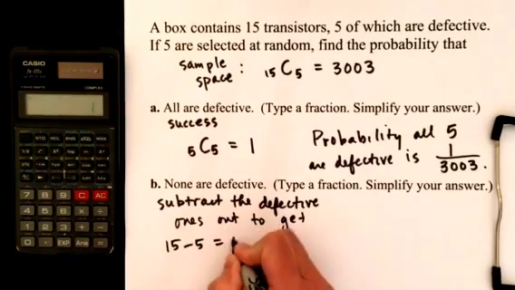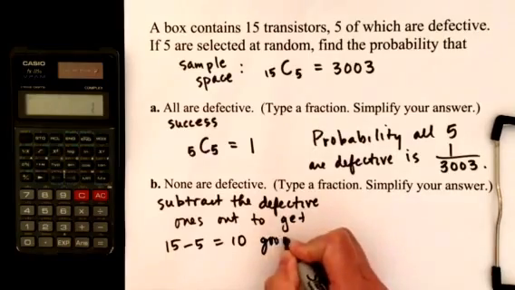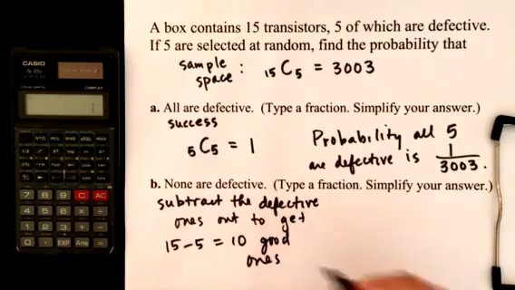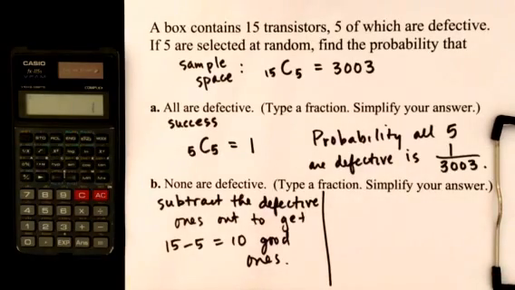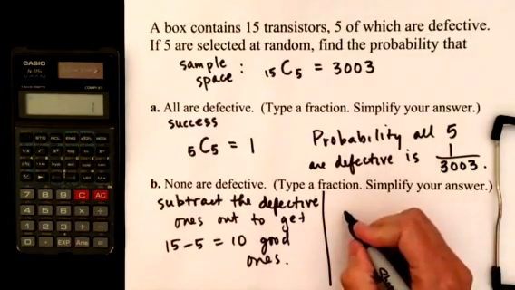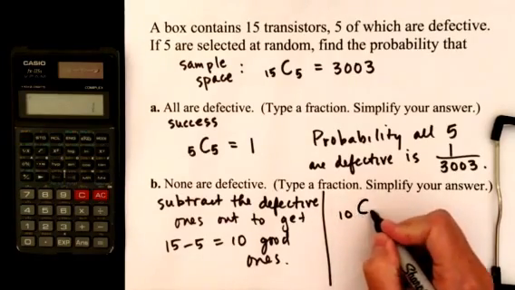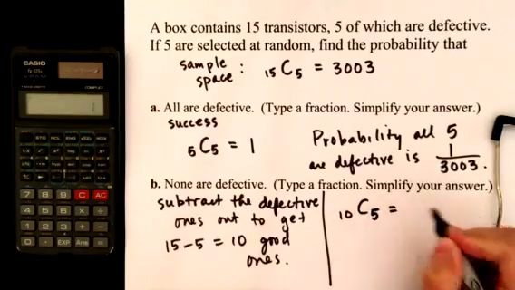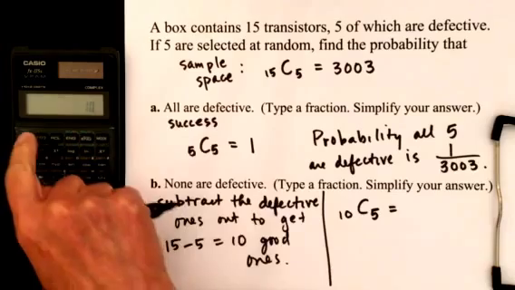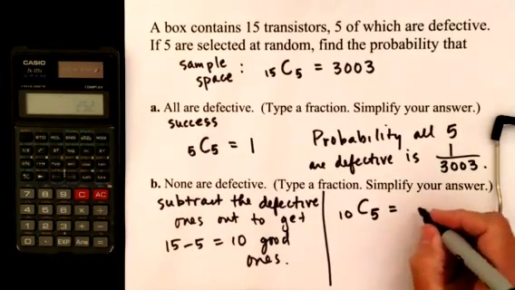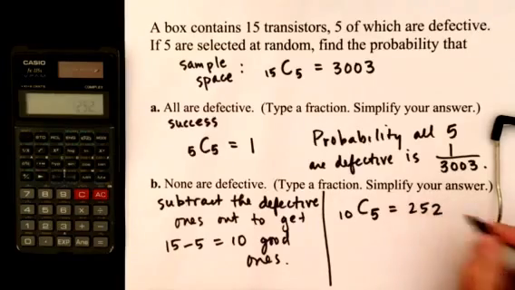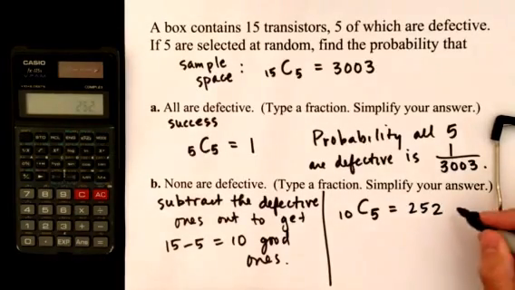So a success in this case is going to be selecting 5 from the 10 good ones. So I'll just say 10 combination 5. Again, this is the number of successes. 10 NCR 5 is 252 successes for part B.